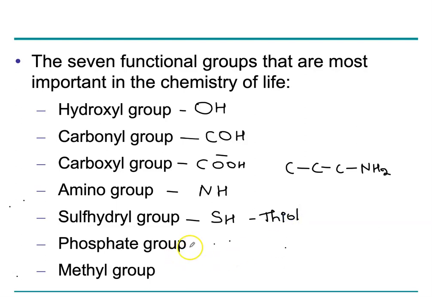The next one is a phosphate group. We will be doing a lot of phosphate groups. It has a polyatomic ion called PO4-3 attached to it. What is a polyatomic ion?